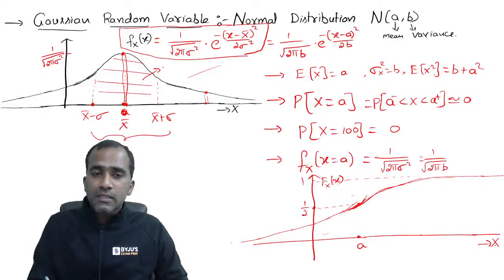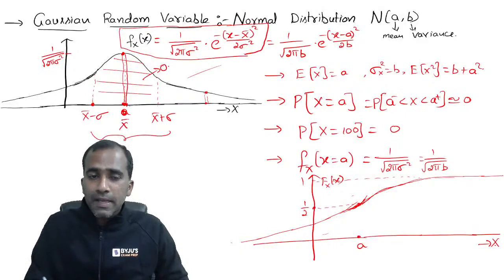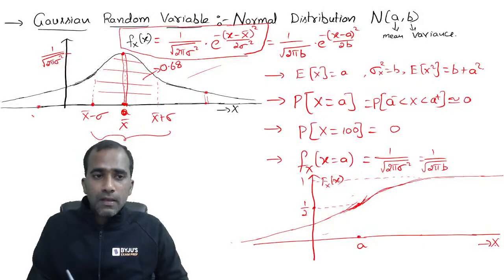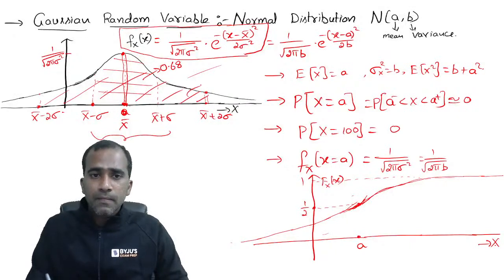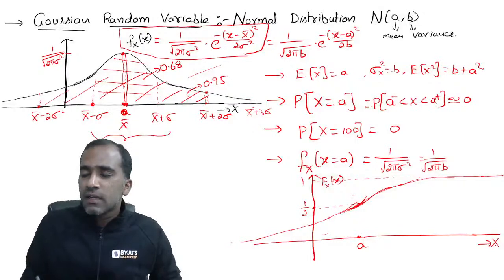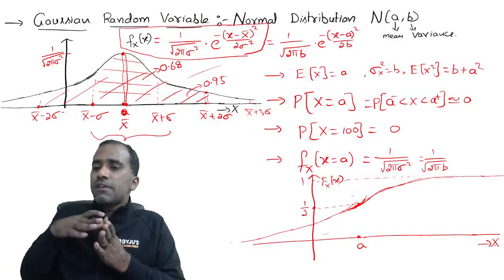The area here is 68% of the total area, or 0.68. Similarly, from x bar minus 2 sigma to x bar plus 2 sigma, the area in this region is 0.95. Similarly, till x bar plus 3 sigma, the area will be 0.99. Most of the area is contained within 3 standard deviations on both sides.